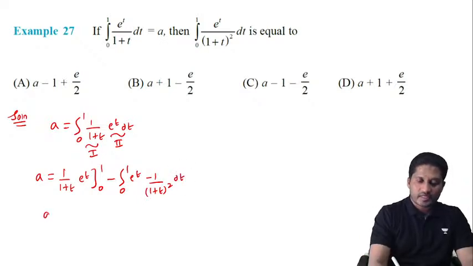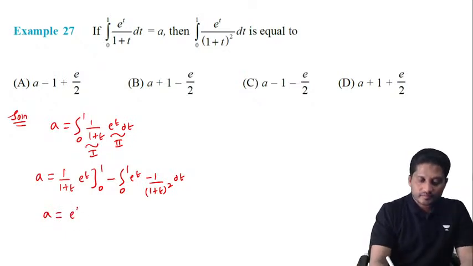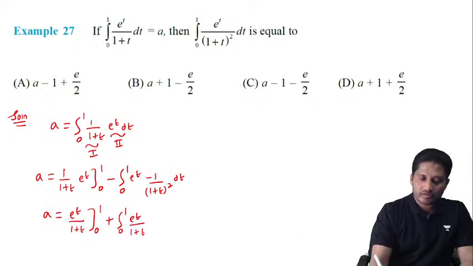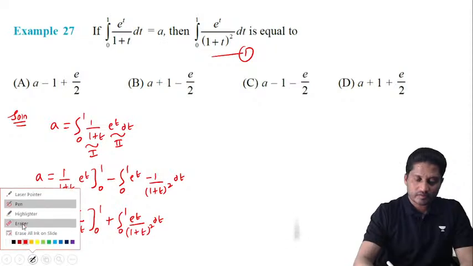Right, now A is equal to e to the power of t divided by 1 plus t between the limits 0 to 1, plus the integral from 0 to 1 of e power t divided by 1 plus t the whole square dt. If I use equation 1, this is what I'm supposed to find out.